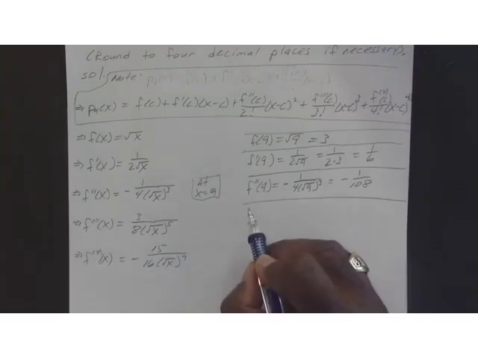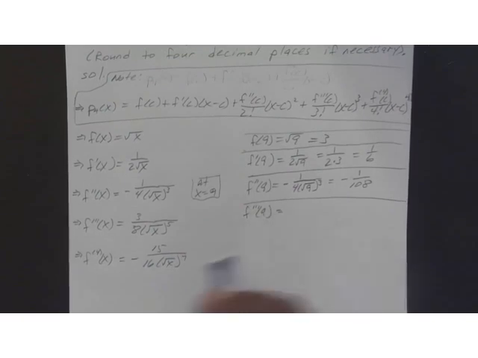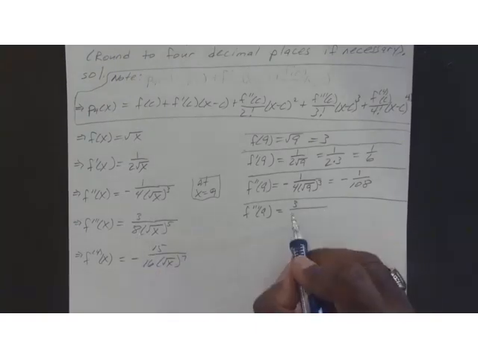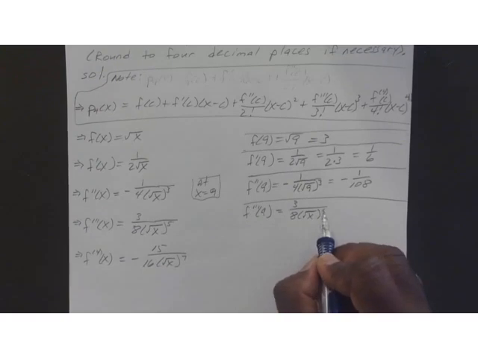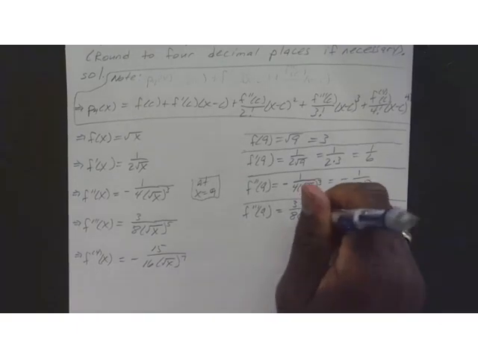Divided by the third derivative at 9 is 3 divided by 8 times the square root of x to the fifth power. Nope, 9 to the fifth power.